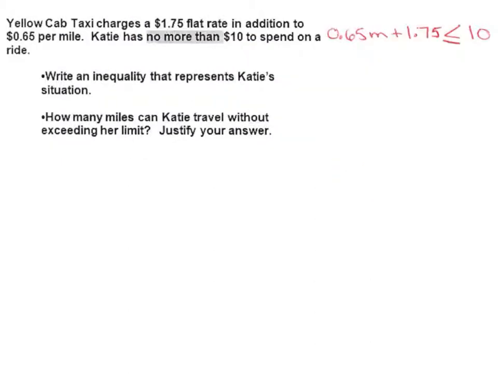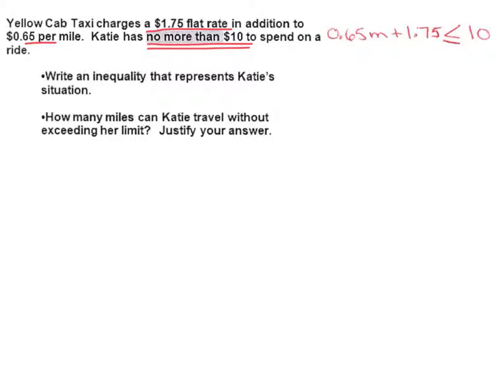For our last word problem, we have a taxi cab that charges a flat rate of $1.75 in addition to 65 cents per mile. Katie has no more than $10 to spend. So that means she can't go over $10. So to set up our inequality, we are going to have $10 right there.